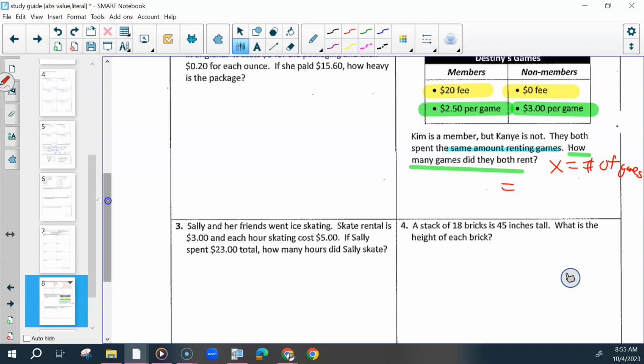And then how would I set up the member side into an equation? Like, 20 plus $2.50 on x. Whether you put it first does not matter. And then how would we set up the non-member side? Either or. You can put the 0 plus, you don't need the 0, you can just put 3x, up to you.